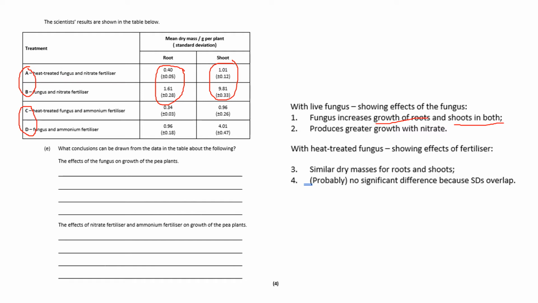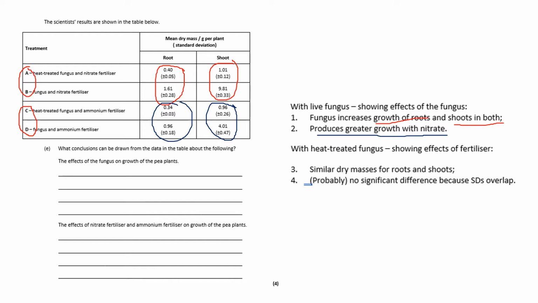Now, if you then go on to compare the heat-treated fungus with the ammonium fertilizer and the living fungus with the ammonium fertilizer, you can see that there is a greater growth with the nitrate fertilizer compared to the ammonium fertilizer. That's what you would be looking at. That's the data. You should actually use the data, so 1.01 compared with 9.81.